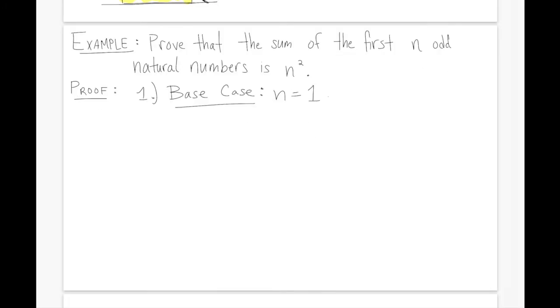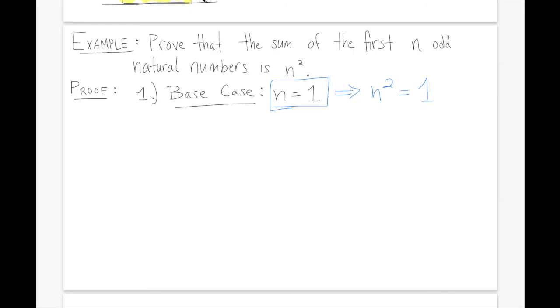So we have to prove that the claim holds on our base case first. And so here our base case is n equals 1. So we're going to show that the sum of the first 1 odd natural numbers is n squared. And that really means we want to show that the sum of the first odd natural number, which is just the first odd natural number, is n squared equals 1.